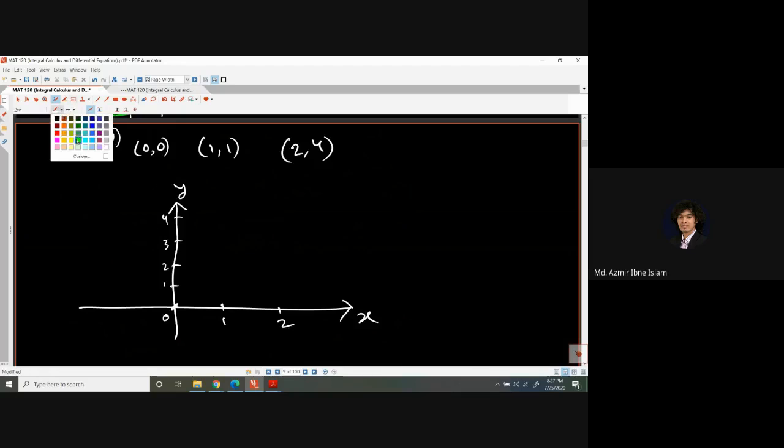Let's look at the first point, (0, 0), which is obviously the origin. Then the point (1, 1), so 1 and 1. Then (2, 4): it is 2 on the x-axis, and you can see this distance is 4. So here we have 4. Now we can join all the points.